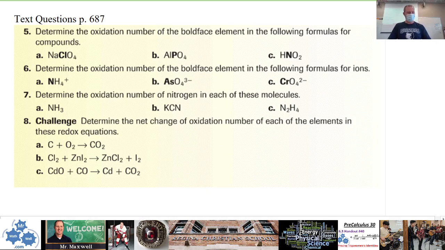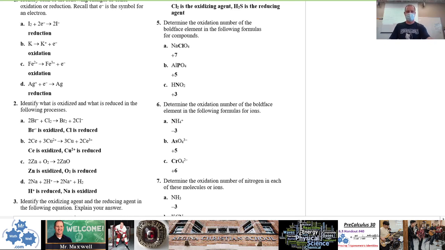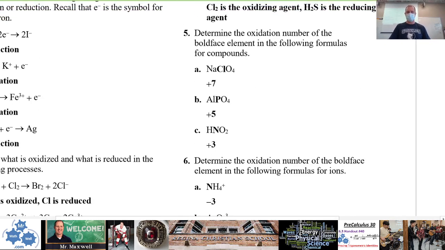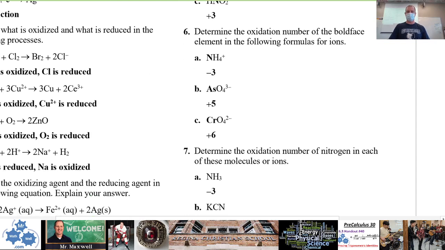Okay, so hopefully you've had a chance to take a look at these questions 5 through 8. I will show you solutions to 5 through 8 here. So here's the solution to number 5. A is +7, B is +5, C is +3 for these elements. And here's number 6.